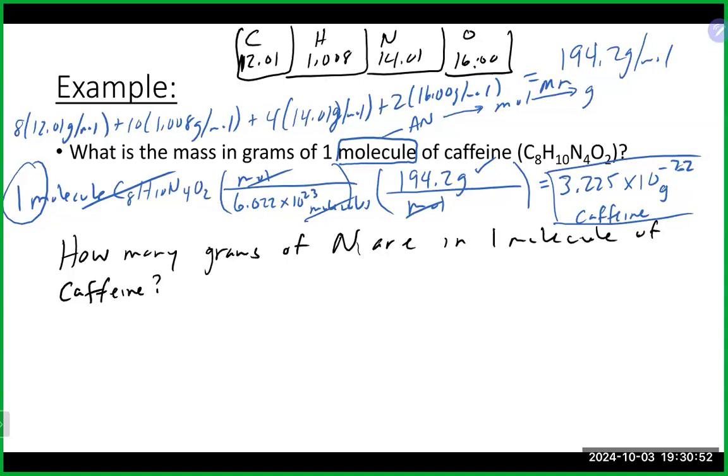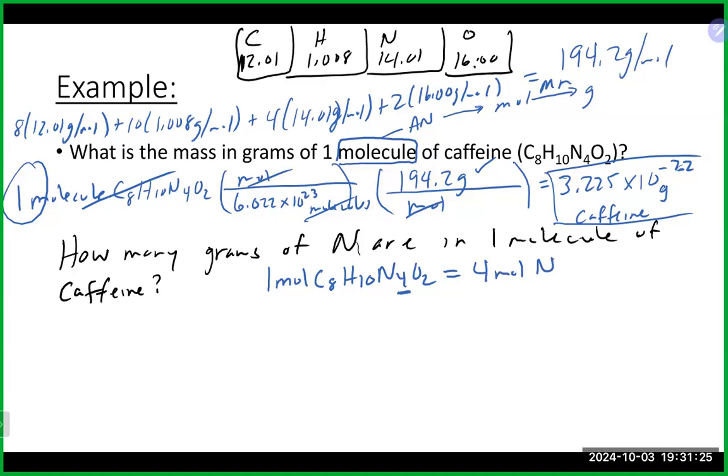All right, second one I made up here is how many grams of nitrogen are there in one molecule of caffeine? So here we need to get it into moles, and we also need to use the formula here as a conversion factor. So we could see that in 1 mole of caffeine, from this formula here, there is 4 moles of nitrogen.